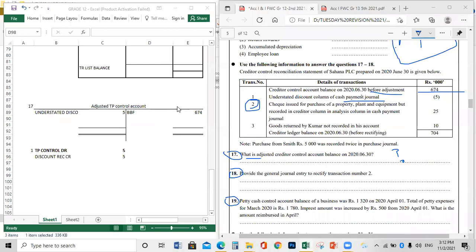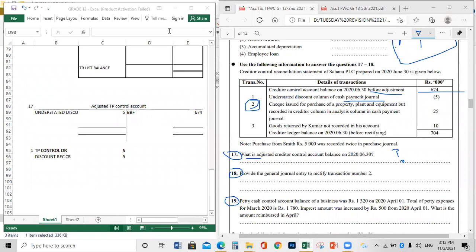Now my question for y'all is, will there be a mistake in the cash control? The cash payment journal only they went and recorded. Nabil, you say no. Tell me why. Others, what do you think?